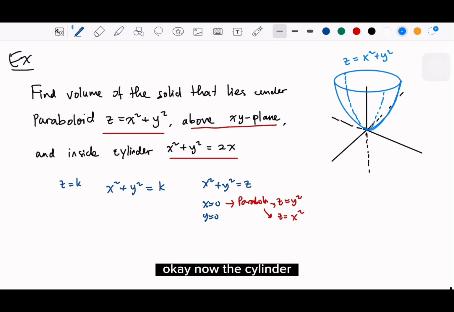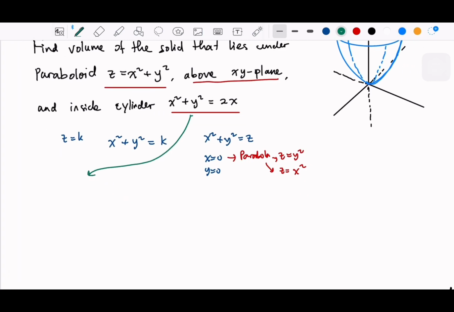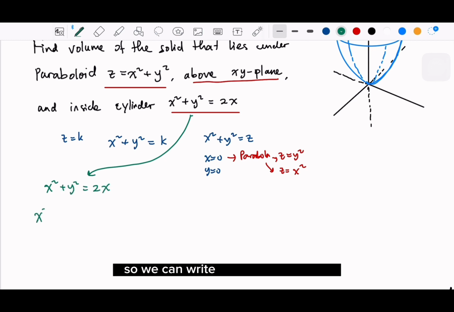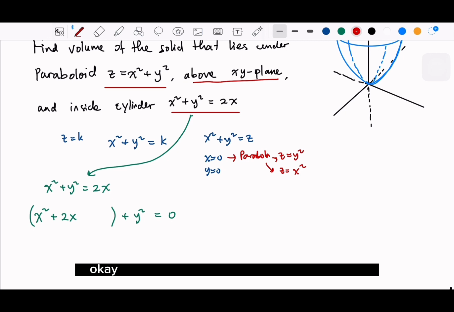Okay, now the cylinder. If you see the cylinder, I think it's best to write it in a different form. So we can write it in terms of x squared minus x plus y squared equals 0. And we can complete the square, if you remember how.